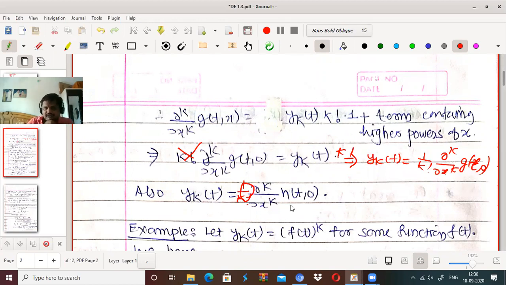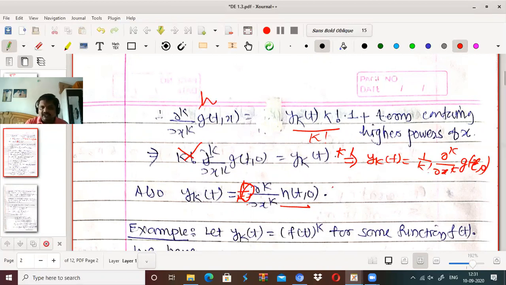Now if I want to find it in the form of h, the exponential generating function, we only have to divide by k factorial. So the k factorial divided by k factorial cancels, and when we take the derivative we again get k factorial. If I take this as h(t, x), the k factorial cancels.